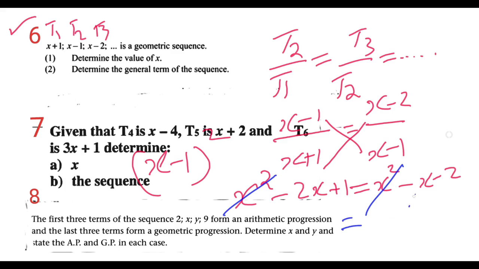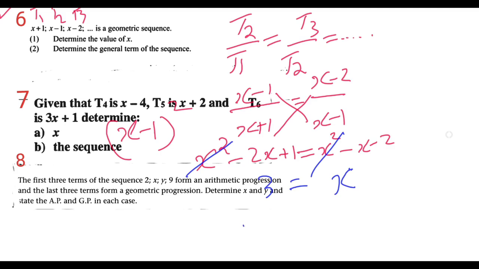So -x and +2x become positive x. Now positive 1 and -2 I pull over this side: 1 becomes negative and -2 becomes positive, so positive 3. Therefore x is equal to positive 3.